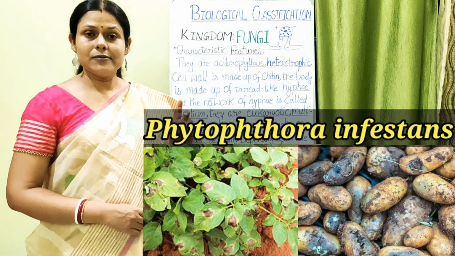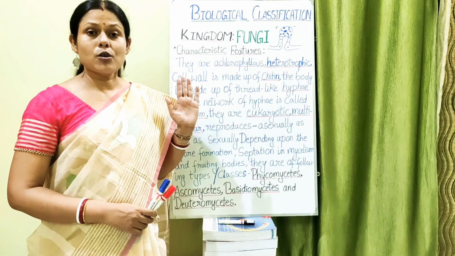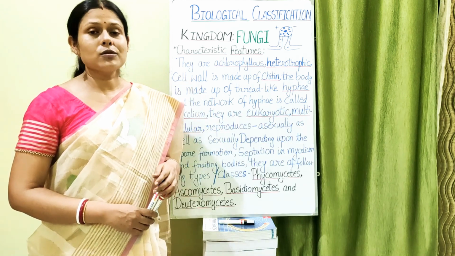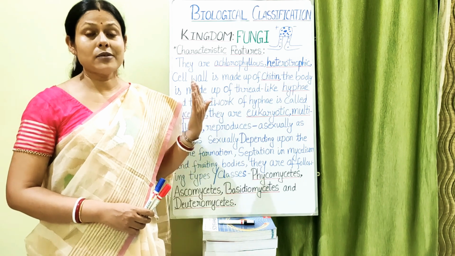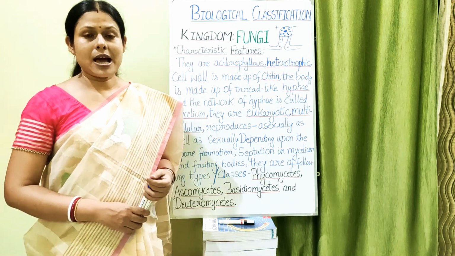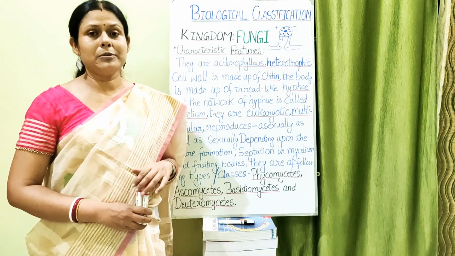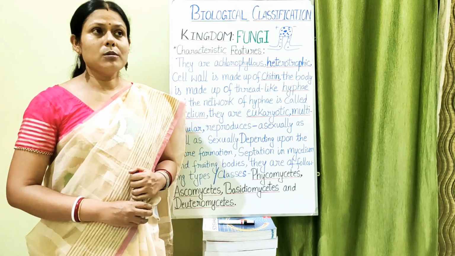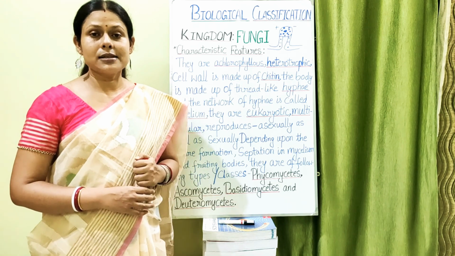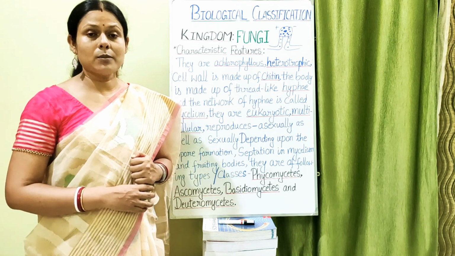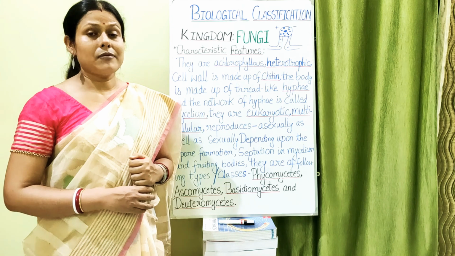Phytophthora infestans is the causal organism for the destruction of the potato crop, which caused the Irish famine. The potato was the staple food of the people of Ireland, and so much devastation took place that year in the potato plantations and crops that people were affected very badly.